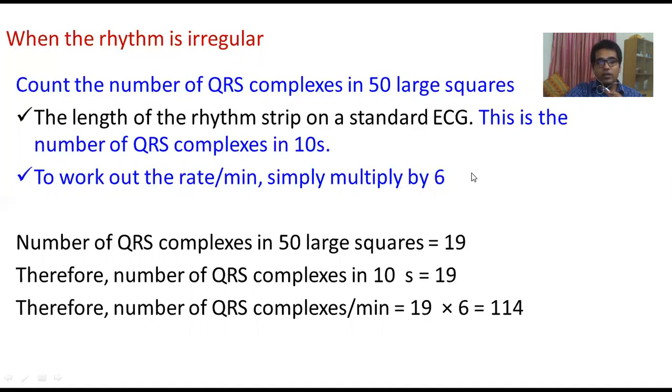Say the number of QRS complexes in the 50 large squares is 19. Therefore the number of QRS complexes in 10 seconds is 19. Now you get the result in 1 minute or 60 seconds by multiplying 19 with 6. So that is 114.